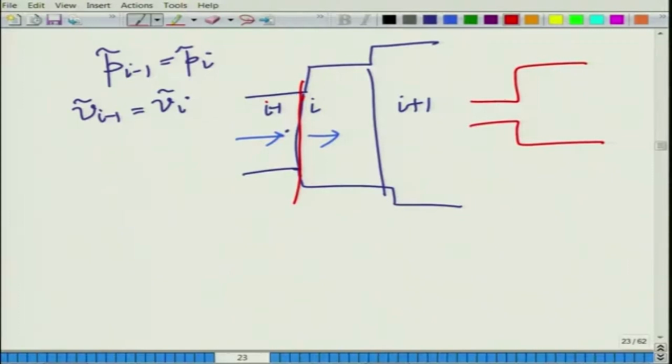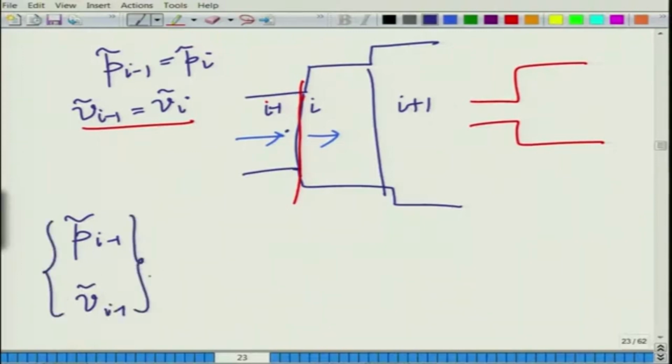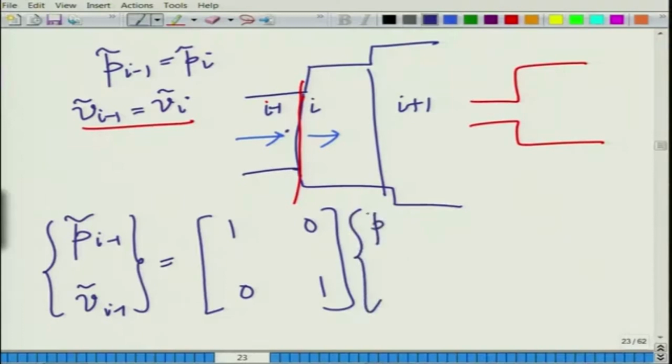We can easily get it when we integrate the acoustic particle velocity in either of the chambers and also over the annular region; we can clearly show that this relation holds. So, let us write it down: P I minus 1 and V I minus 1 is equal to the matrix 1 1 0 0 times P I and V I. So, this is essentially an identity matrix.